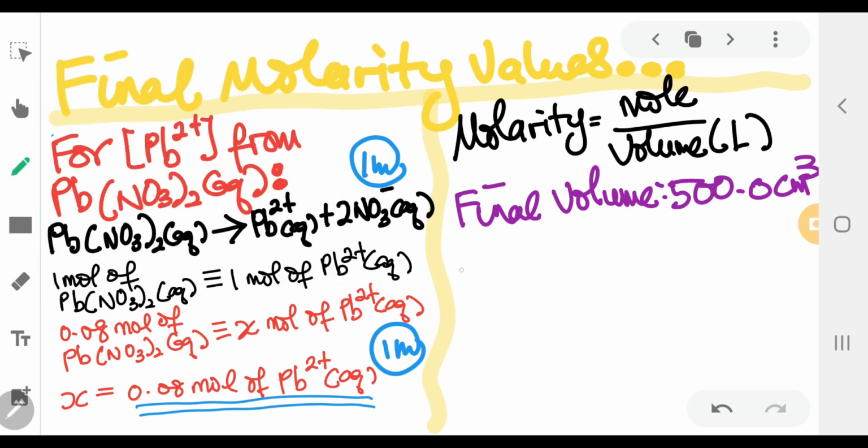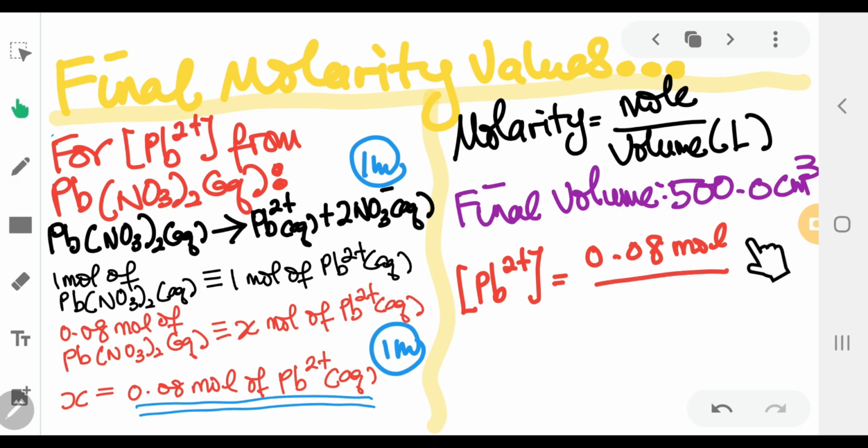And the concentration of Pb2 plus is 0.08 mole. Remember, the final volume is 500 centimeter cubic, so 500 over 1000 decimeter cubic.